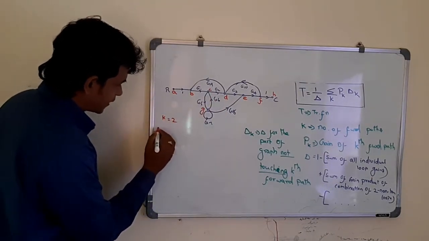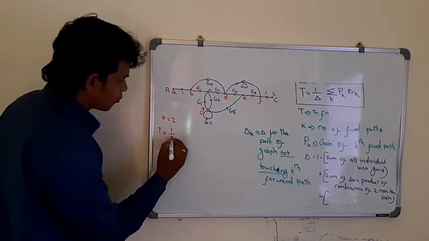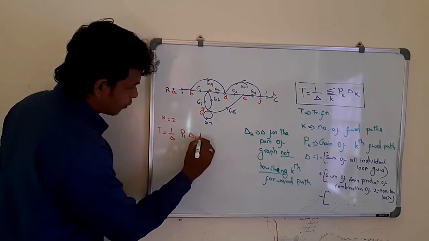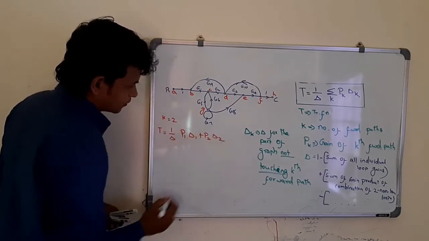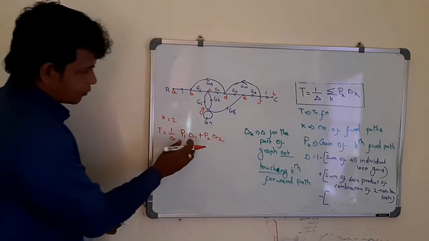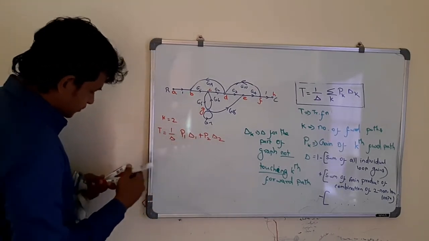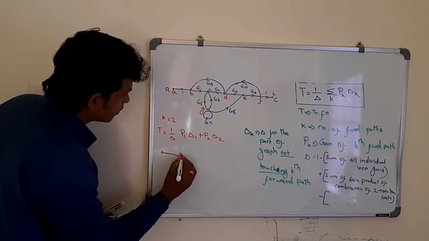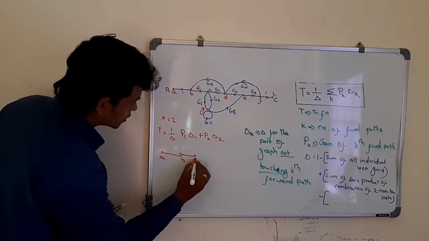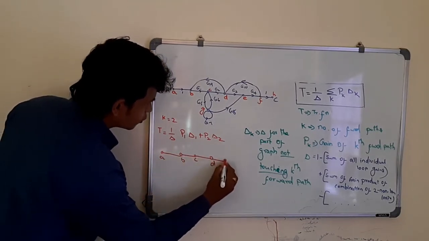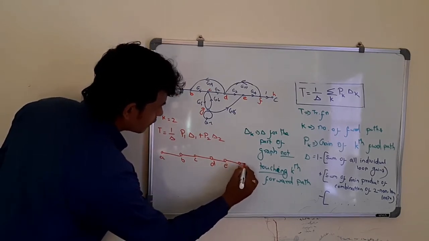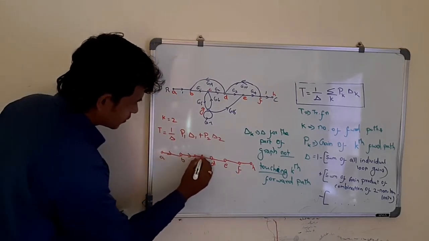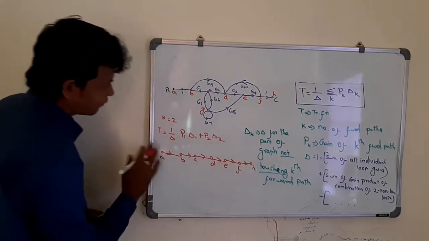So the formula can be rewritten as the transfer function T is equal to 1 by del into, substituting k equal to 2, P1 into del 1 plus P2 into del 2. Okay, now we have to identify P1 and del 1. So P1 is from node A to node B, node B to node C, node C to node D, node D to node E, node E to node F, node F to node H. This is one forward path, and look at the direction of the arrow.